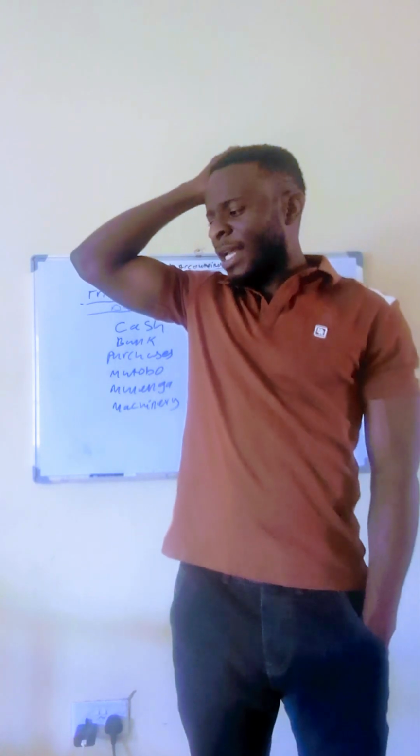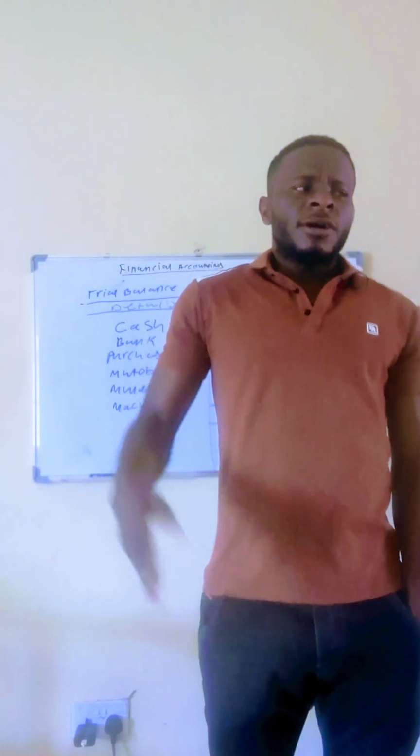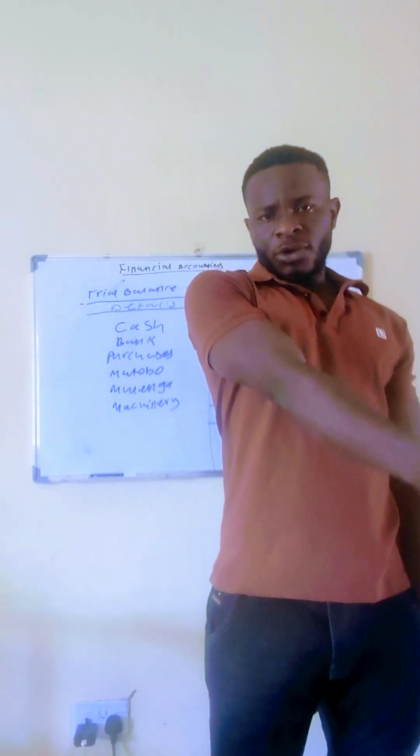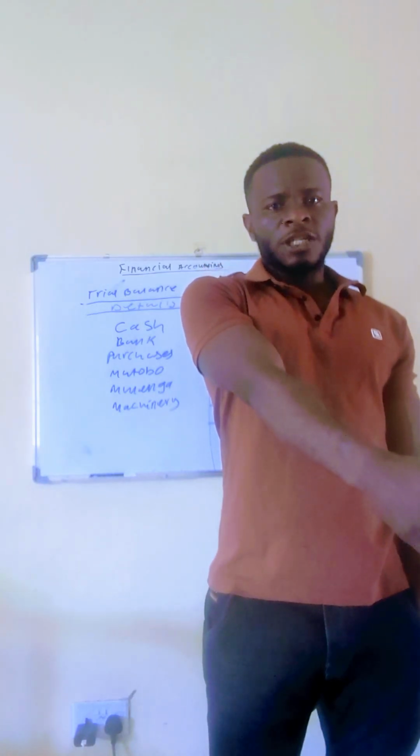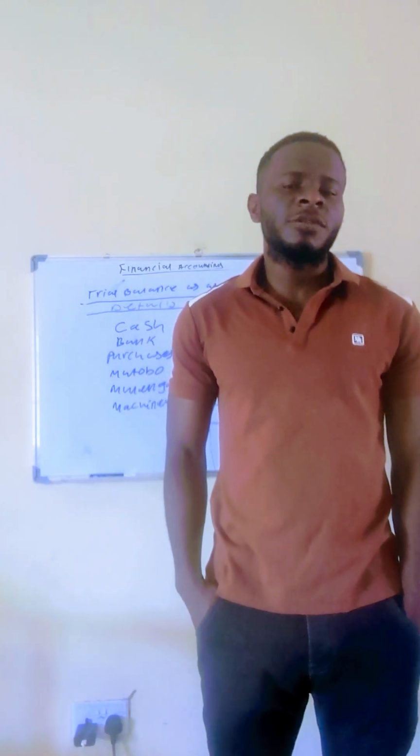Then you reach a certain point in accounts, especially in final accounts, and you discover that they're debiting the expenses and crediting the gains, and you're confused. You ask the teacher, and they just say, no, it's a format.